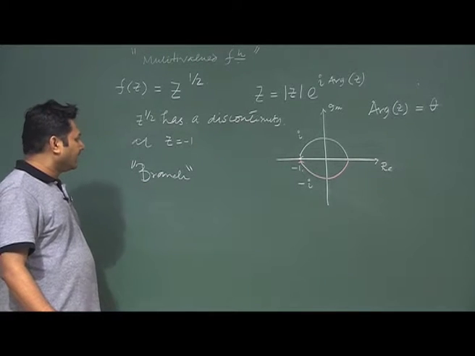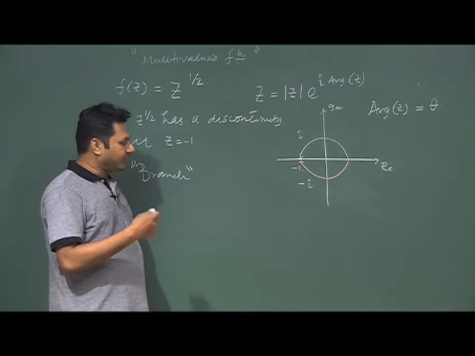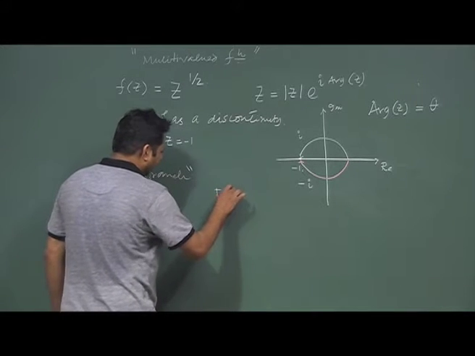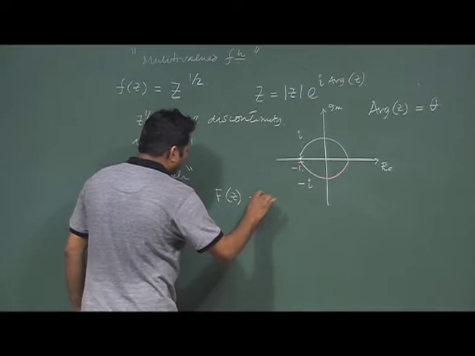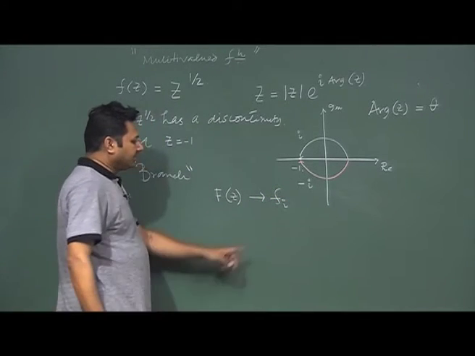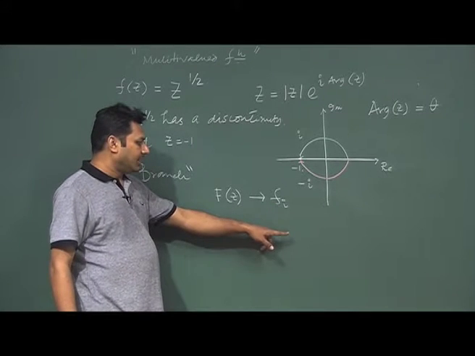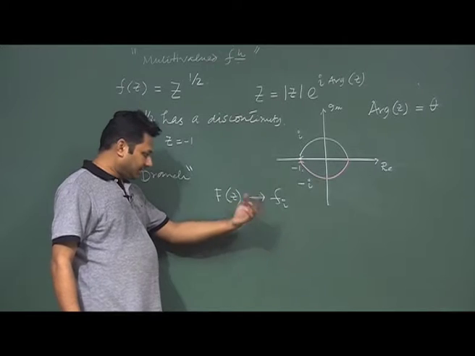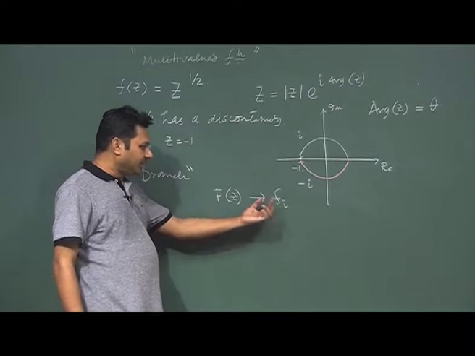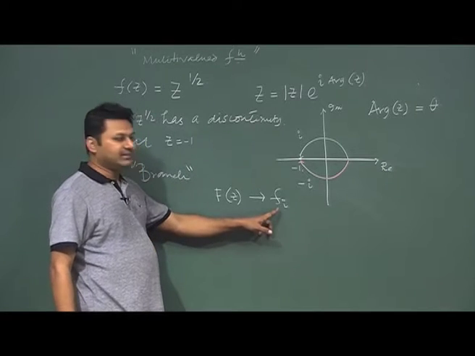Branch is nothing but this: a multi-valued function should have different sets of values. For example, f(z) is a multi-valued function for which you have a set of values f_i, and this f_i is continuous up to some limit, and then after another limit it is again continuous, and after another limit it is again continuous but having the same value.